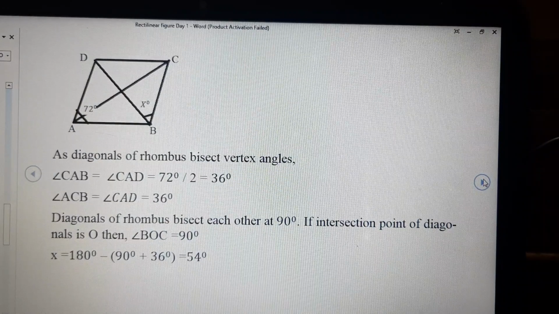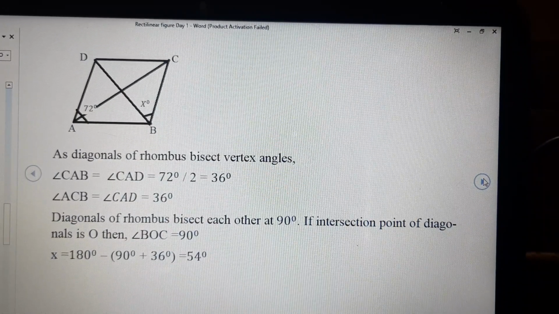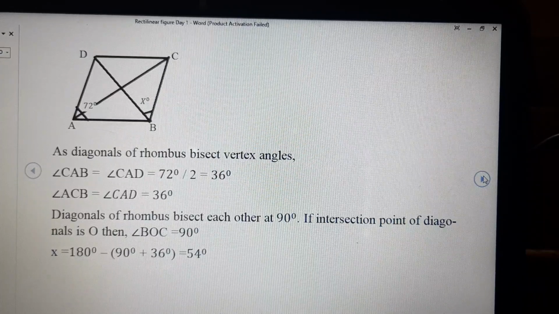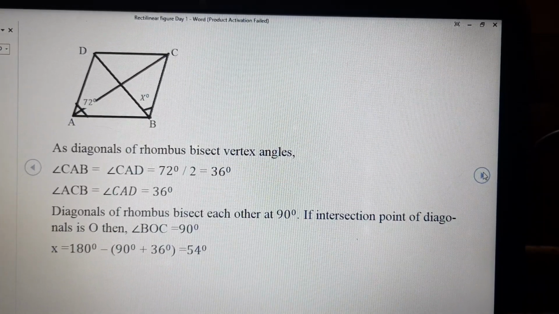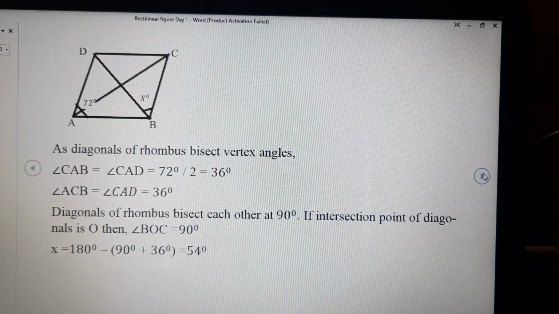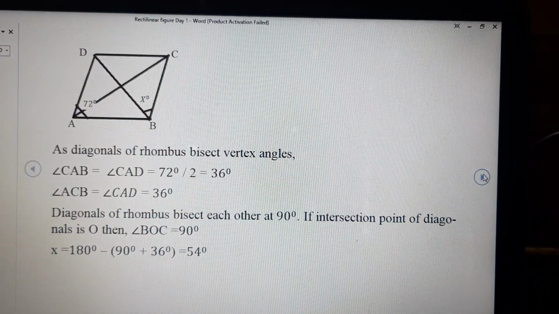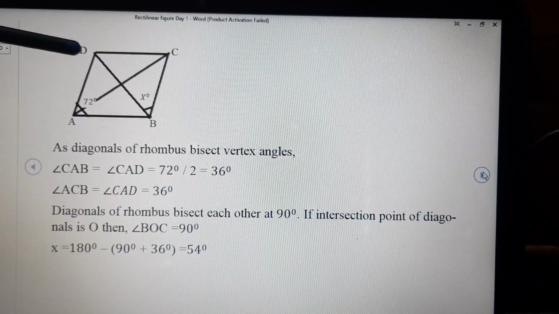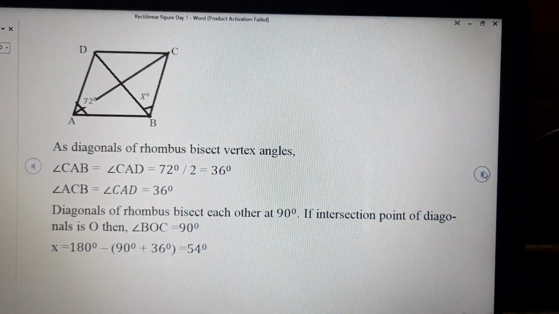Next question: ABCD is a rhombus and we are supposed to find the value of x. It is mentioned here. As I have told you, in the case of a rhombus, diagonals bisect the vertex angle. So complete angle A is given as 72 degrees.